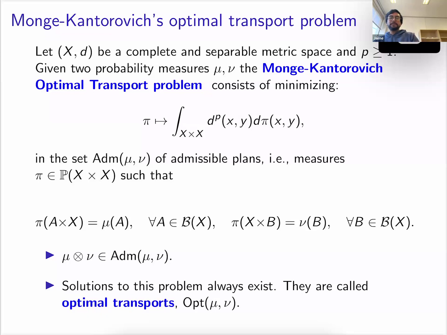The idea behind the proof is that the set of admissible plans is compact with respect to the narrow topology. It's easy to see that this set is convex, so you can take convex combinations of these admissible plans, and they will again be admissible plans. And finally, this functional is linear. So we can always find optimal transports.